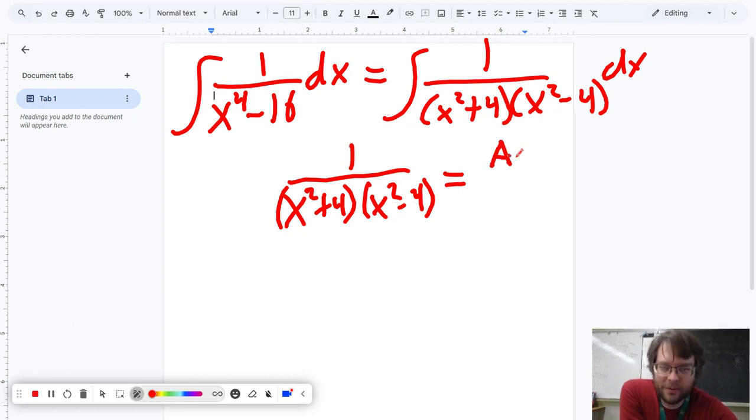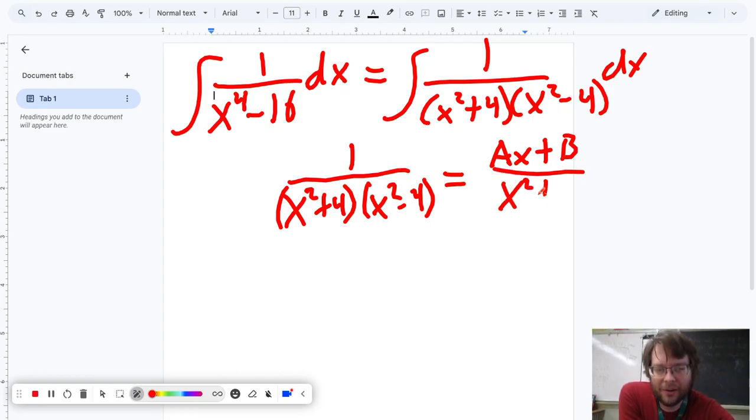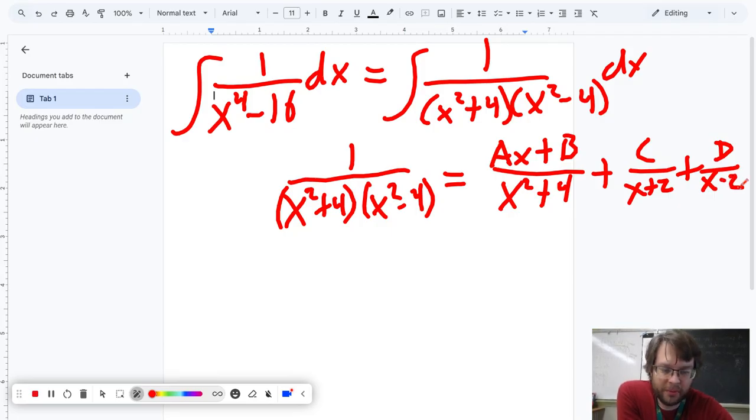So you really have a linear term over a quadratic plus a constant over one linear factor and another constant over another linear factor. From there on out, it's pretty much a repeat of what I've already showed you.